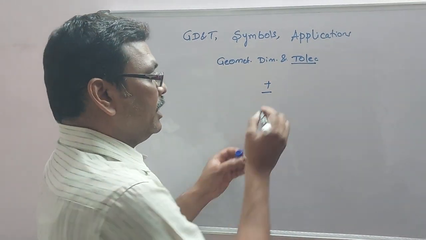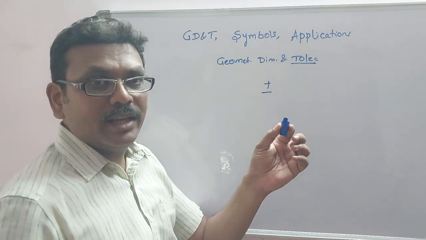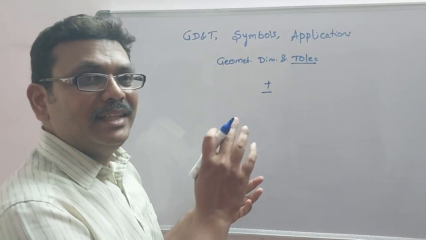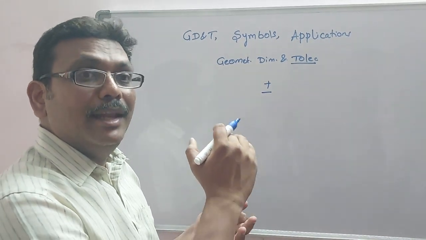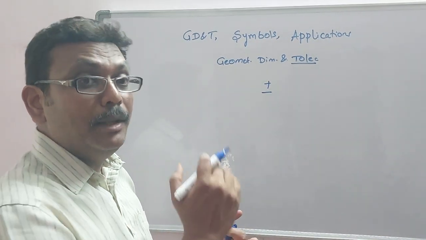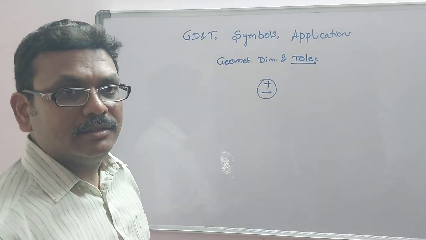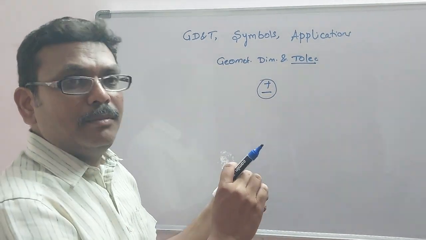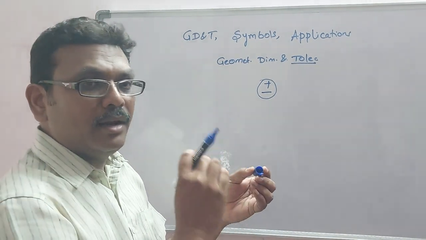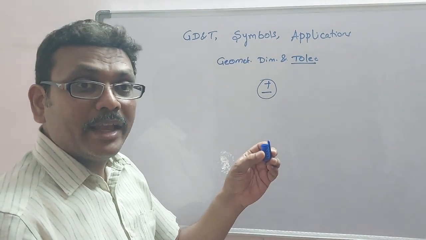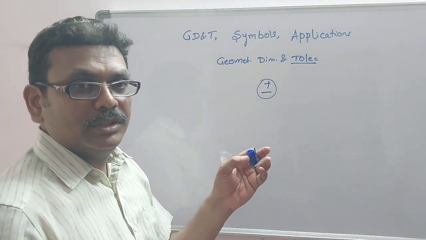So whatever size we are giving for this cap, that should be within the set of limit zone. That limit we call a tolerance. That means the maximum diameter and the minimum diameter within which this cap can be produced.